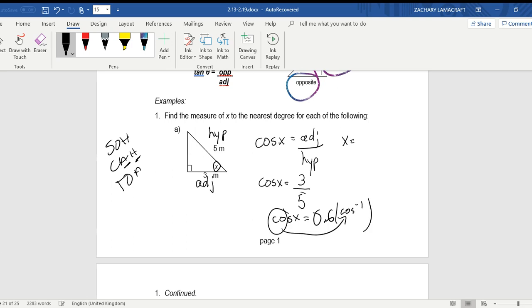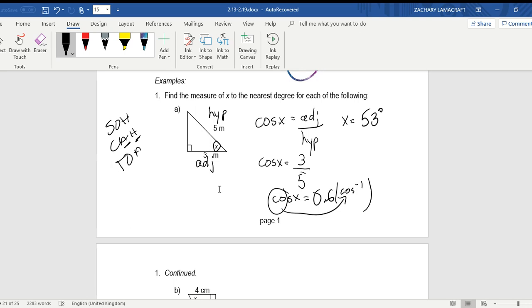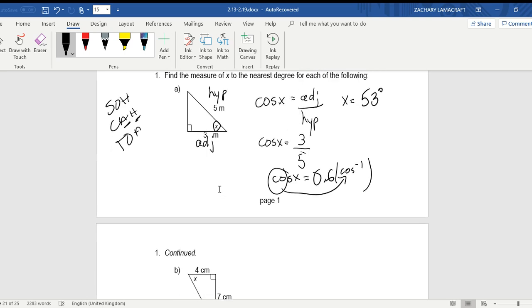So X would be then equal to, our final answer would be what? .53 degrees is correct. Okay. So it's going to become really important now that we're able to figure out which one is the correct trigonometric ratio we're going to use, okay? It's going to be very important.